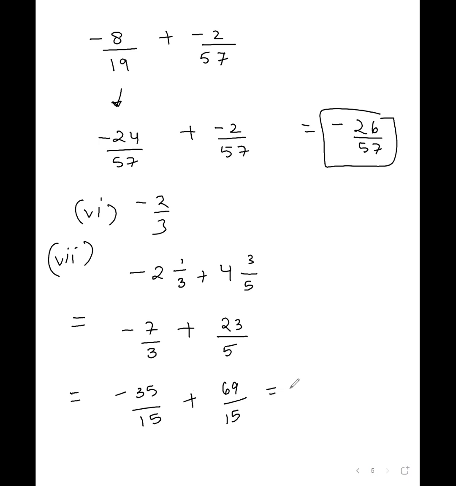Now over here we have brought both to a common denominator, 15. In the numerator we have minus 35 plus 69. Now, Hiba, you're going to tell me how to do this. It will be positive 34. Very good. It will be positive 34 by 15. Okay?